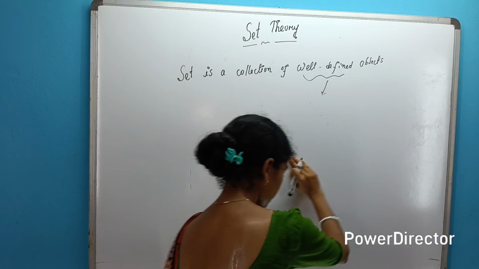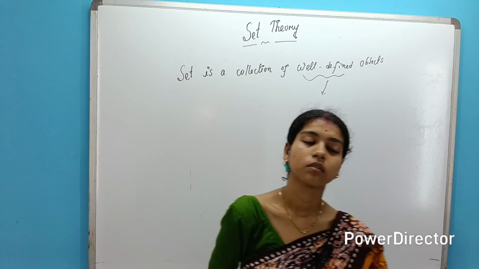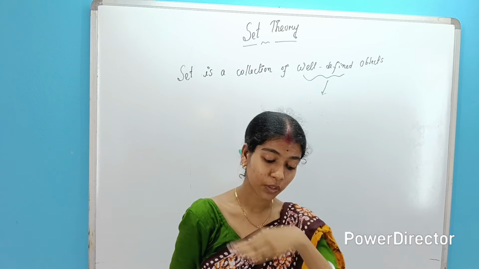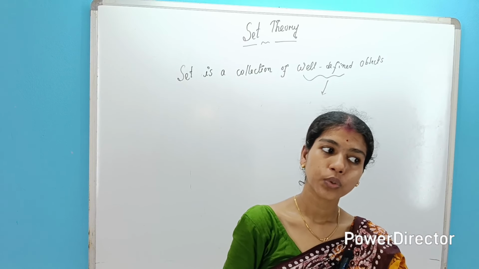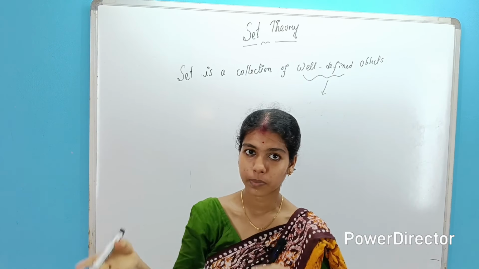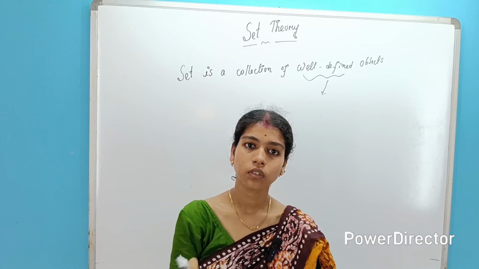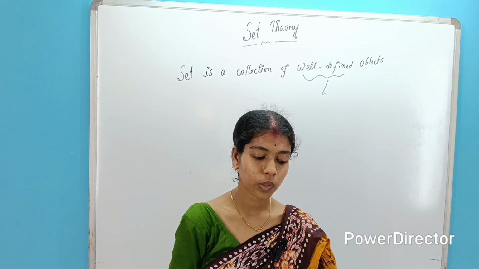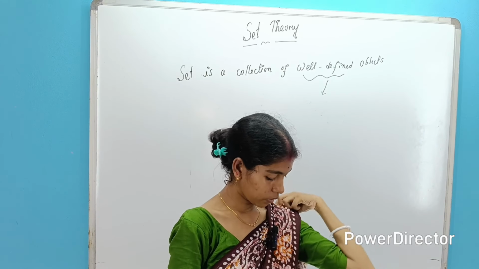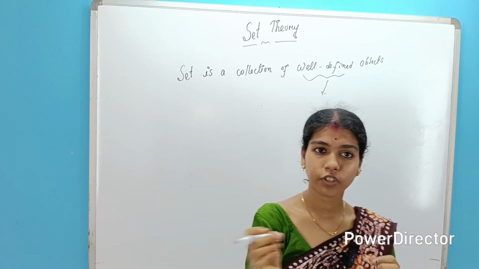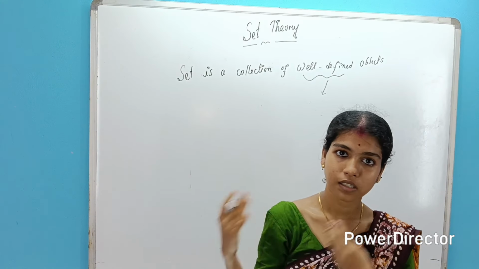So I will request everyone who is watching my video on the YouTube channel to have a simple pen and paper to note down these things as a short note, because it will be helpful for you, and you will remember each and everything I have discussed in this class.